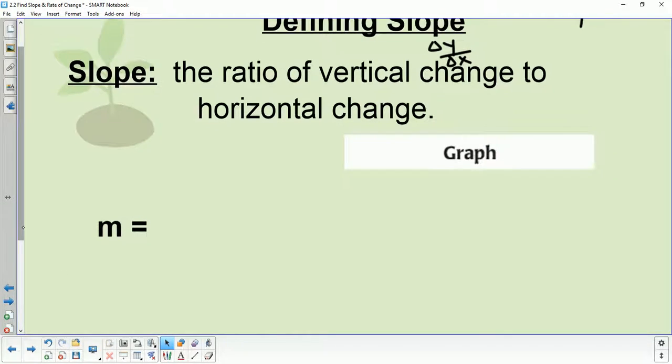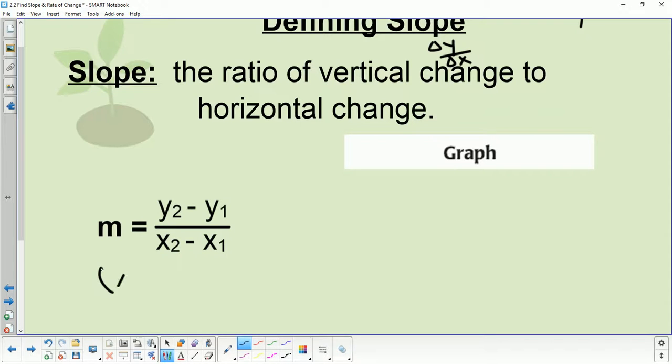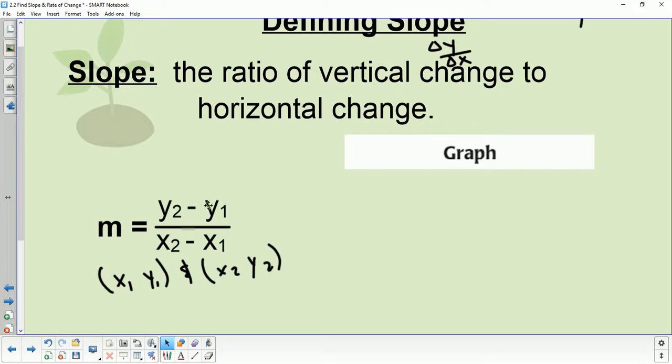And the formula, if you have 2 points, so this is our algebraic representation, would be y2 minus y1 over x2 minus x1. And those values come from 2 points. So remember, every point has an x and a y value. So your first point is just represented as x sub 1, y sub 1, and your second point is just represented as x sub 2, y sub 2.